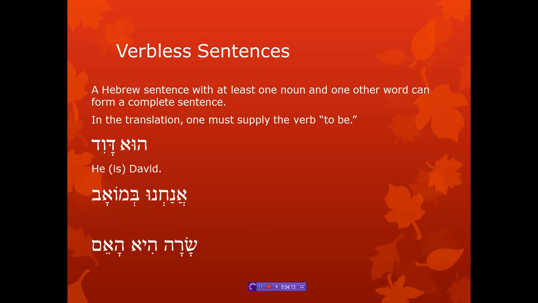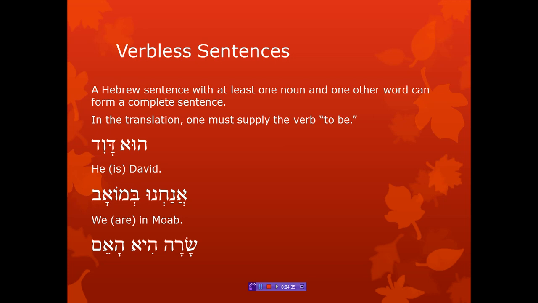And then Moav, of course, is the name of the land of Moab. So how would you translate this? Well, this is another verbless sentence. There's no verb in here, but it is in fact a complete sentence. We (are) in Moab. So again, the parentheses there indicate that we are supplying that in our translation.